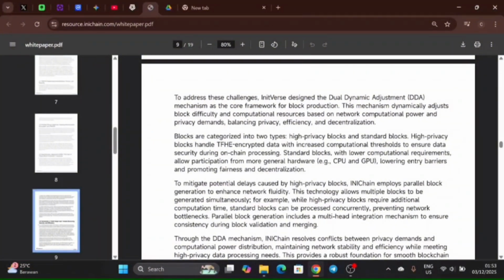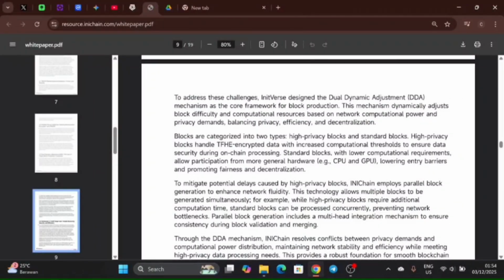It's very interesting. I can say that the blockchain has its own intelligence to classify the data and process it based on needs. This one is very high demand privacy data, and this one is low demand.